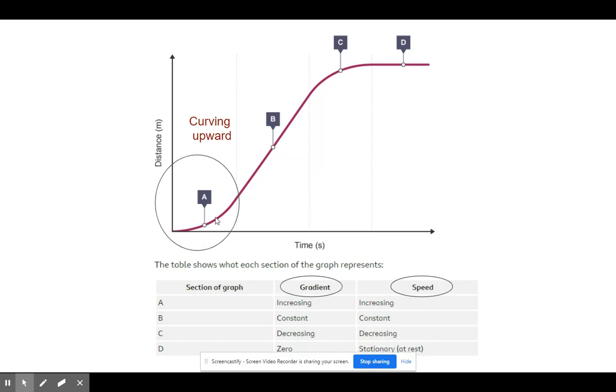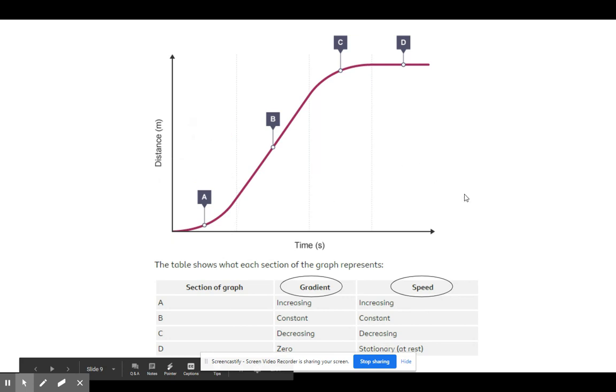As time is passing, the lower you stay towards the x-axis, you're going pretty slow. But all of a sudden, about right here, it starts going upwards. So as time passes, you're picking up the pace. You're going a little bit faster.